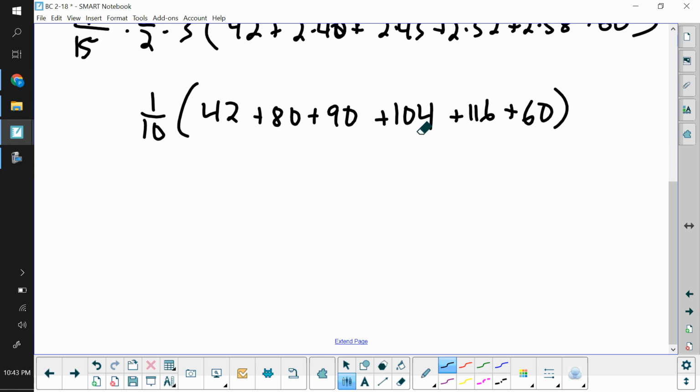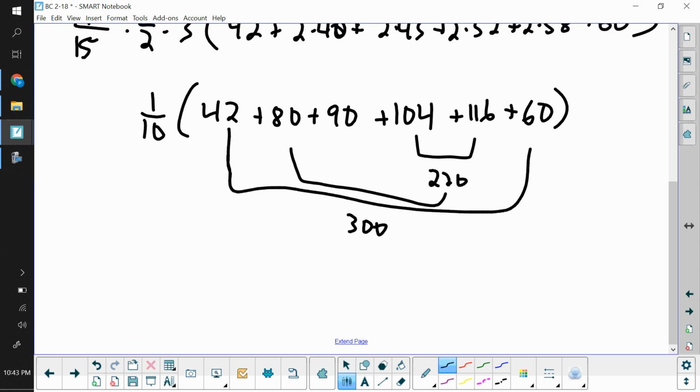So when I do these in my head, I saw this as 220, tacked on the 80 to get 300. Those ones together were 102, so I brought these together to get 402.